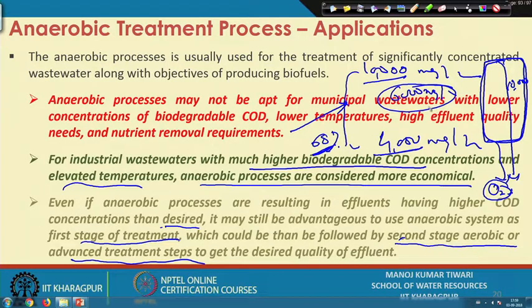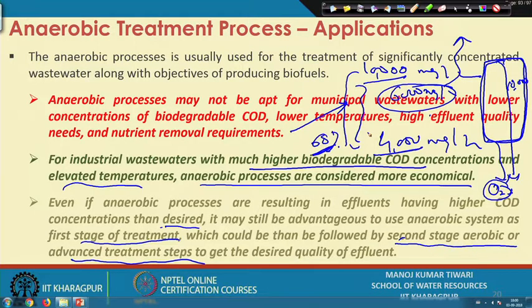And rather, if of this 6,000 milligram per liter a significant part can be converted into gas, in the form of biogas, it may actually end up generating energy or making this process self sustainable, and that is why it is advisable even if the effluent concentration is not meeting the criteria, we can still use it as a first stage of treatment.